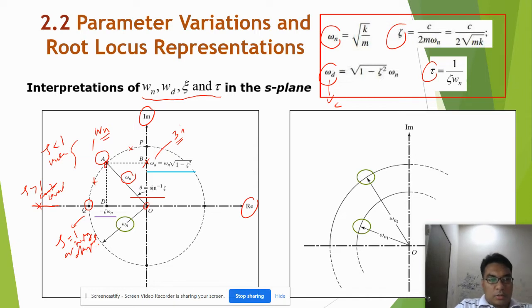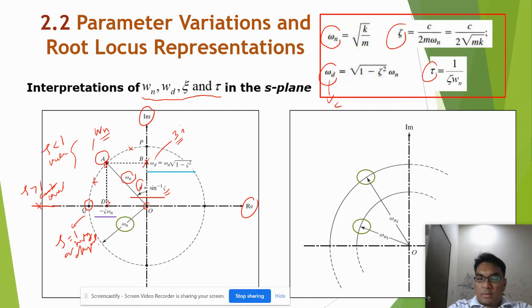Another parameter that you can get is the angle here, theta, which is the inverse sine of the damping ratio. And when you have the plot at the real line, the value is equal to minus damping ratio multiplied by omega n.